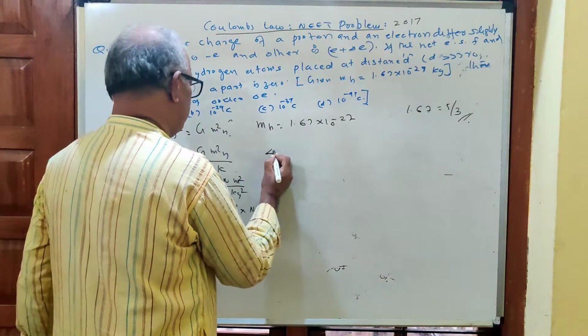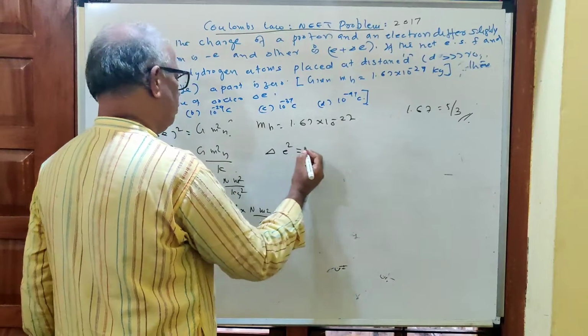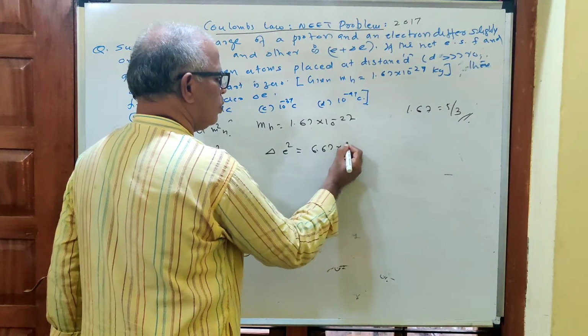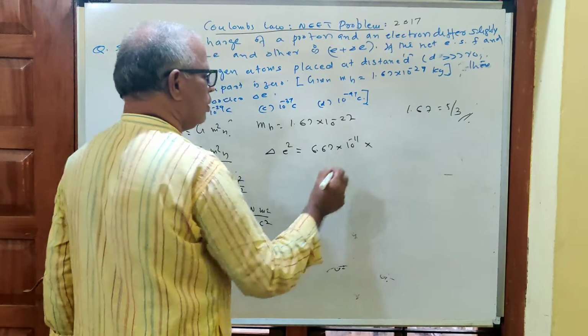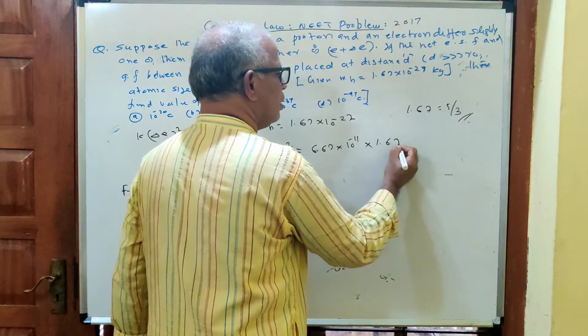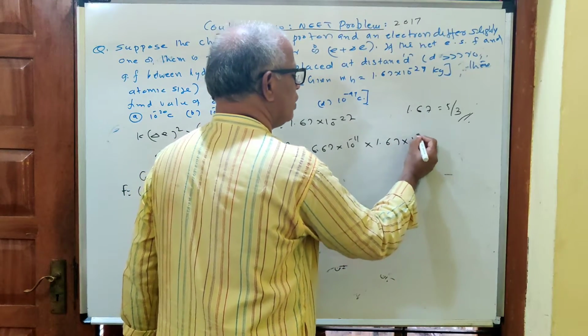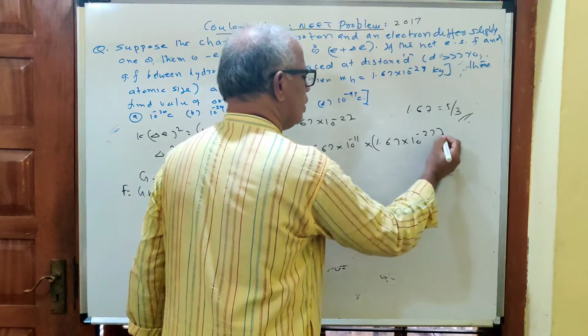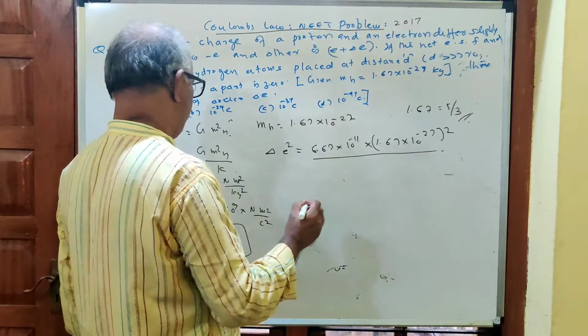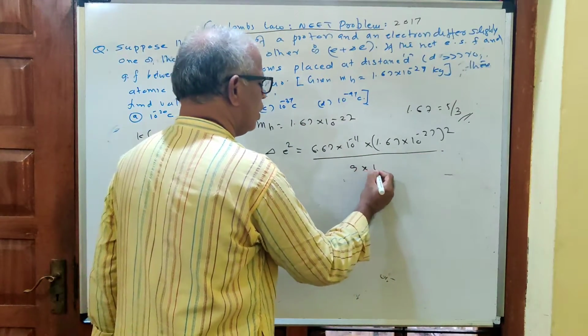Delta e square is equal to 6.67 into 10 to the minus 11 into 1.67 into 10 to the minus 27 the whole square, divided by 9 into 10 to the power 9.